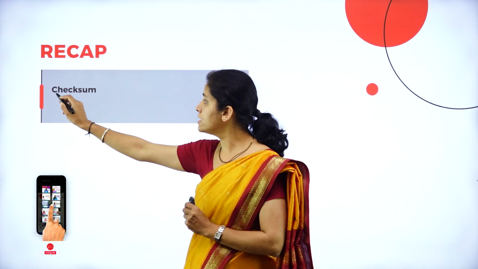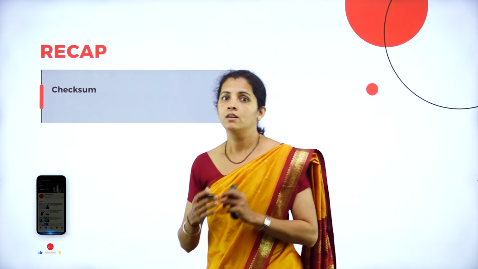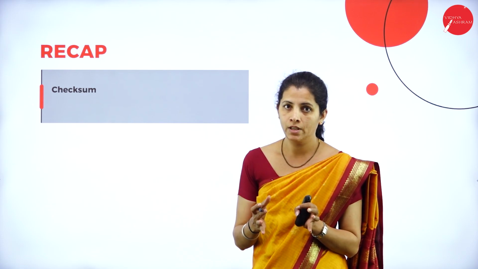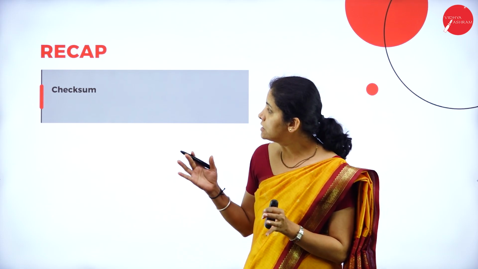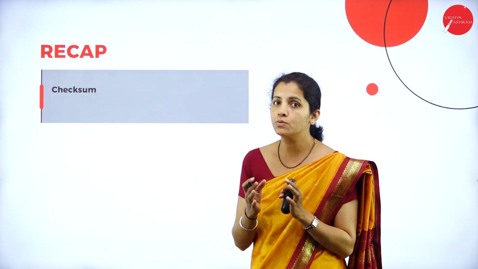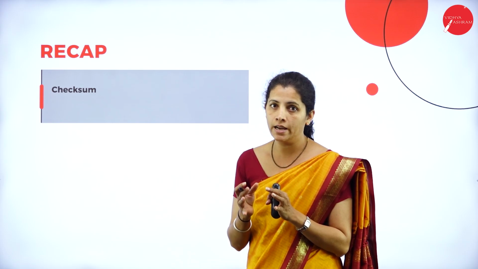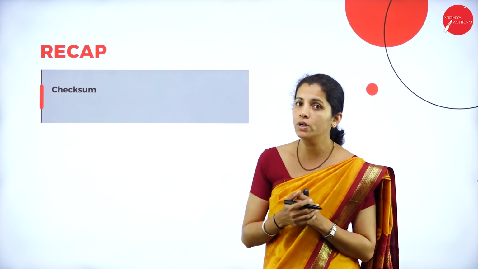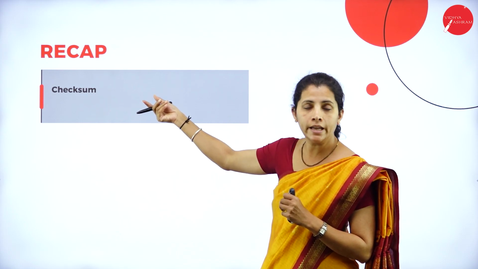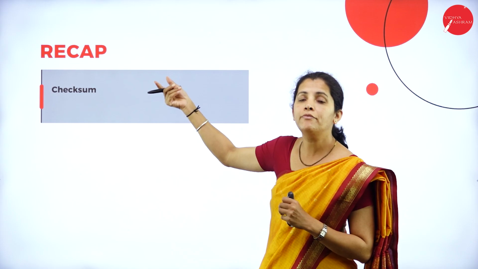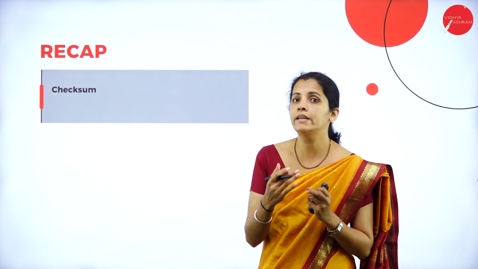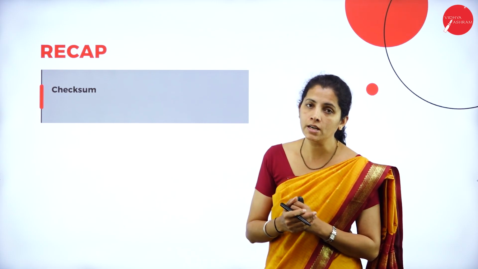In my last session, I started with checksum. Why do we require checksum? In order to detect the error. And we have discussed how to create checksum at the sender side as well as at the receiver side. Dear student, please make a note here. At the receiver side, after getting the checksum value, if all the checksum fields are 0, then that indicates that the data is not corrupted.